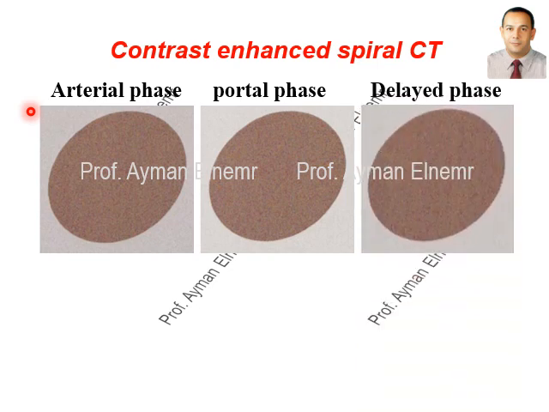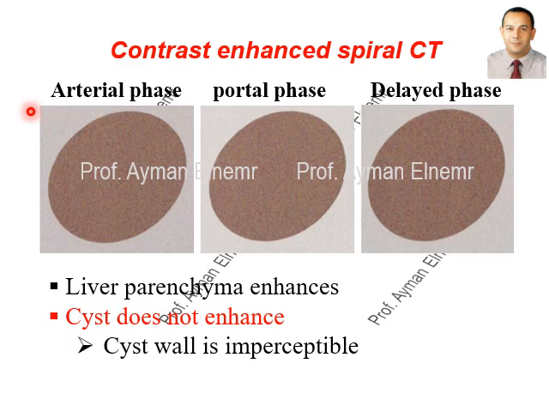In the delayed phase, the hepatic parenchyma shows washout while the cyst is still unenhanced. So the cyst does not enhance in any of the three phases because the cyst wall is imperceptible.